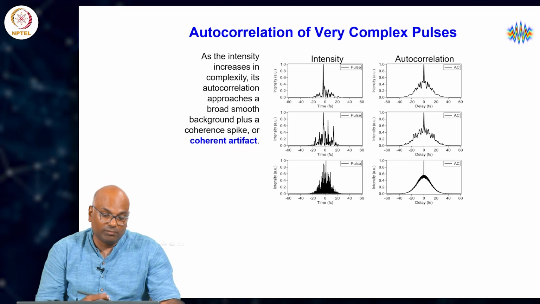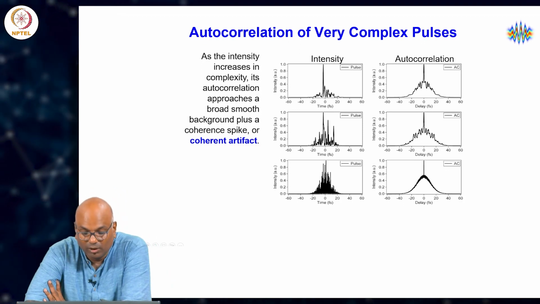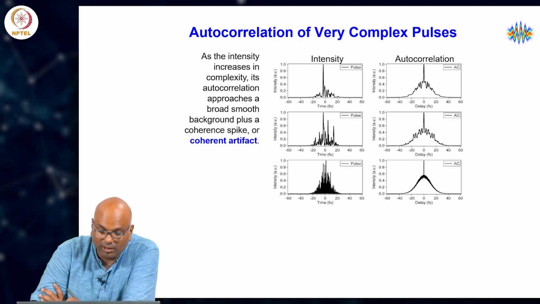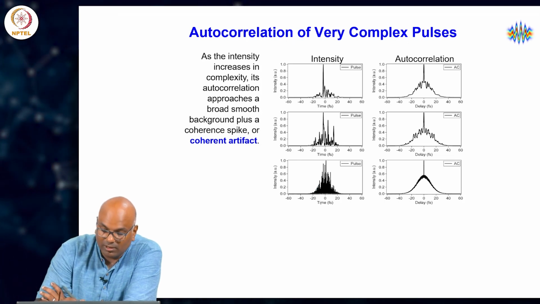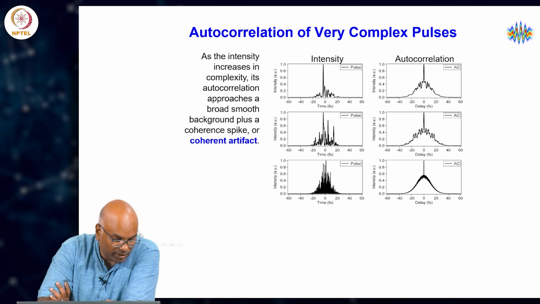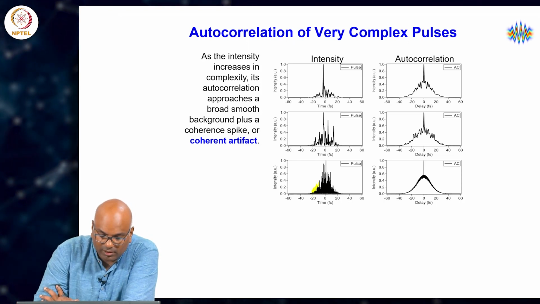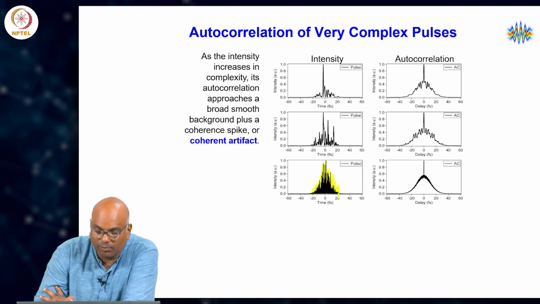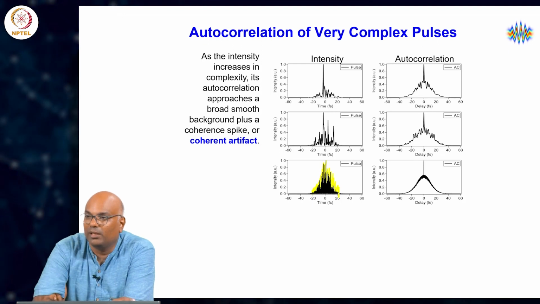For example, just to drive home this fact, look at this really somewhat ugly looking set of pulses. Start from the one at the very bottom. It's really rubbish. Spikes, sets of spikes. This is not like any laser pulse should be.